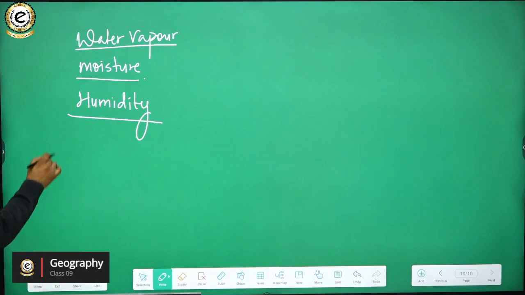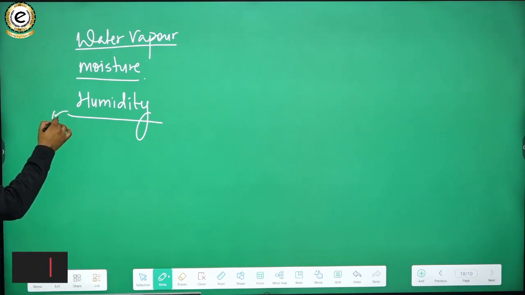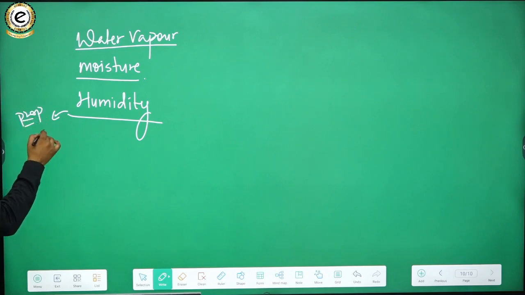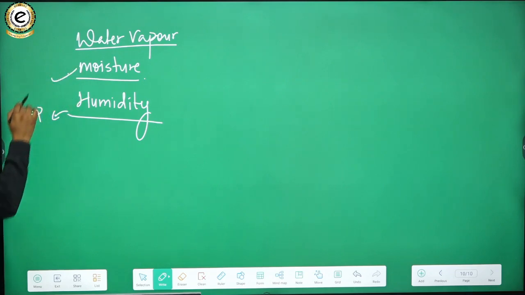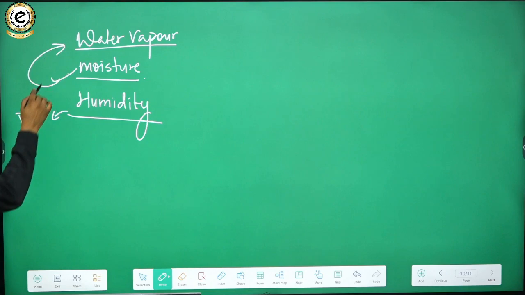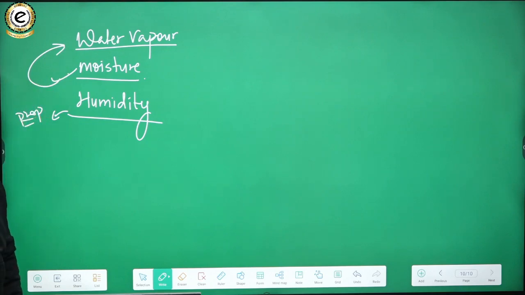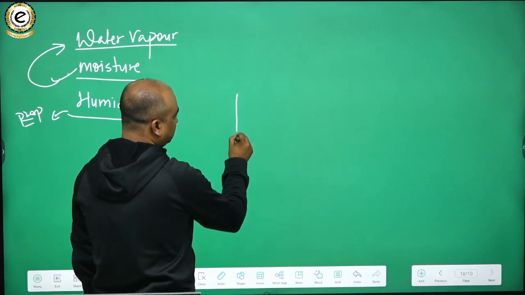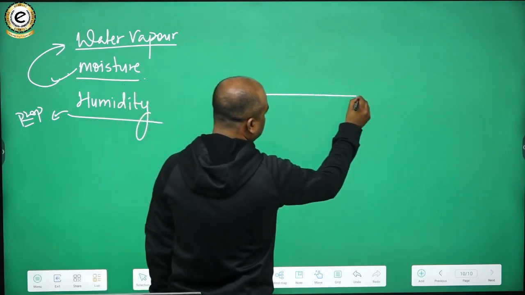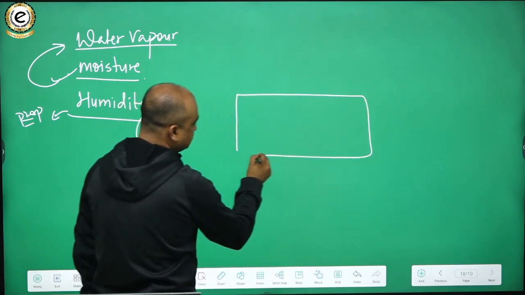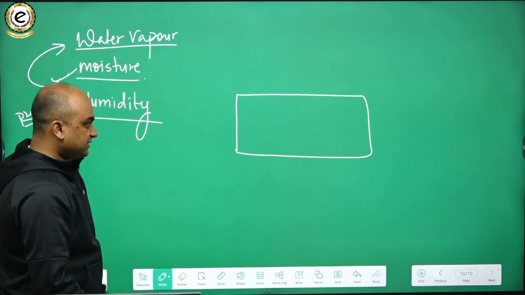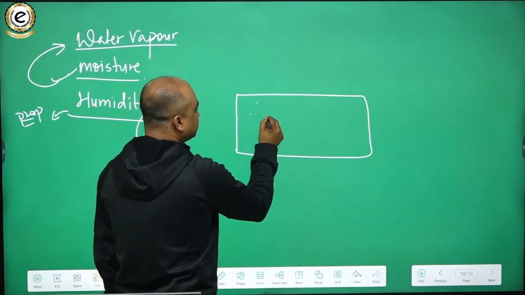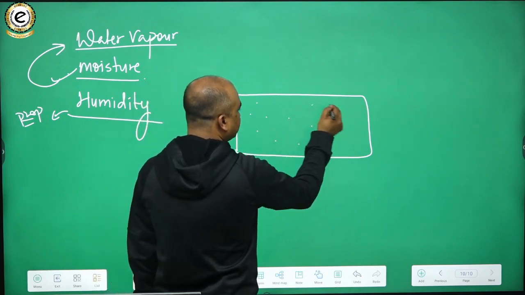ठीक है, ह्यूमिडिटी जब भी हम यूज करते हैं, it is always in terms of some proportion. Moisture is a general term which indicates the amount of water vapor present in air. You get that? अब ध्यान से, that suppose this is an air parcel, and obviously you know air parcel means it's a combination of what?